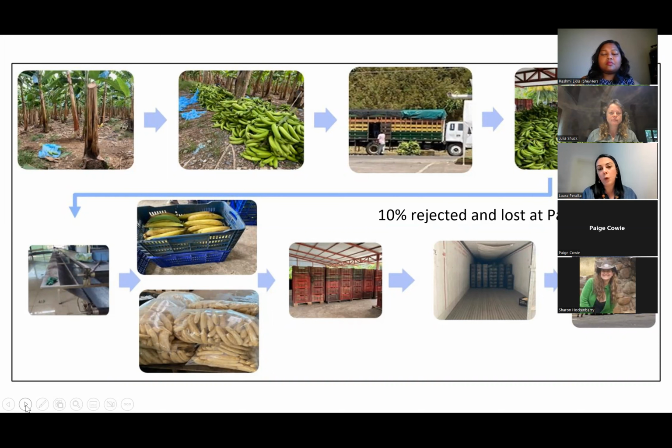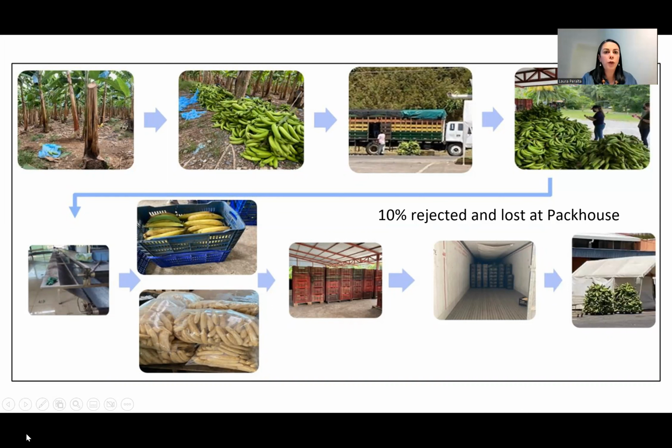So in this case, we were able to estimate approximately a 10% rejected product, especially in the packing house. We were told, and we were able to see, that there was very little produce lost at the farm, but it was mostly detected some damages or some conditions at the packing house.